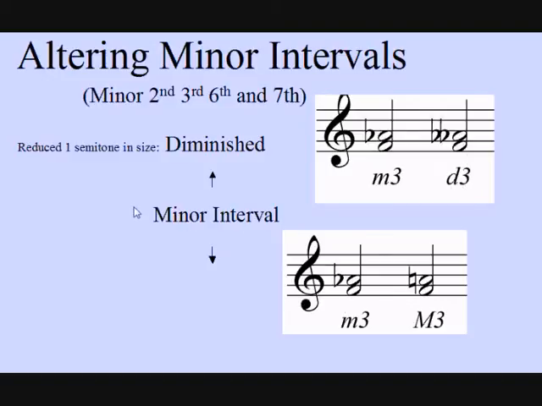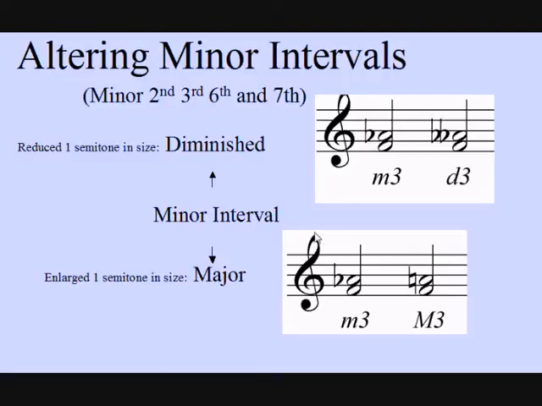And what happens to a minor interval when one semitone is added? Well, the answer is quite obvious. It becomes a major interval. That is a bit confusing because, as you can see, the perfect intervals go from diminished when they lose one semitone to augmented when one semitone is added.